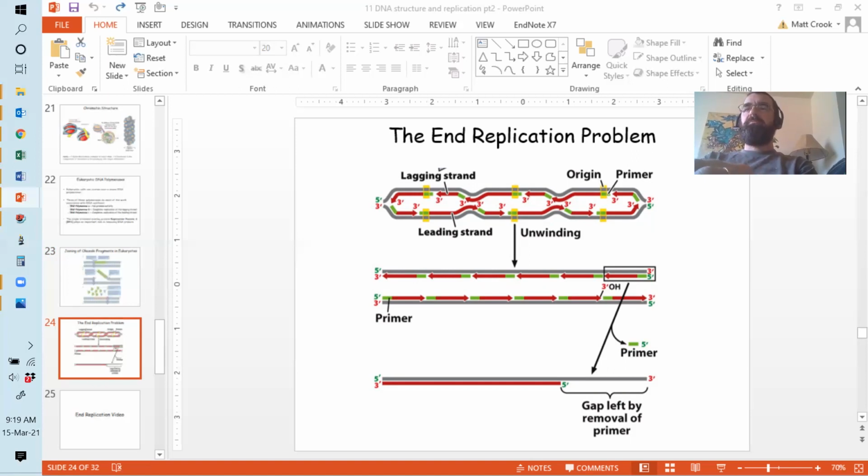So a band-aid type solution is to have a buffer at each end of the chromosome.